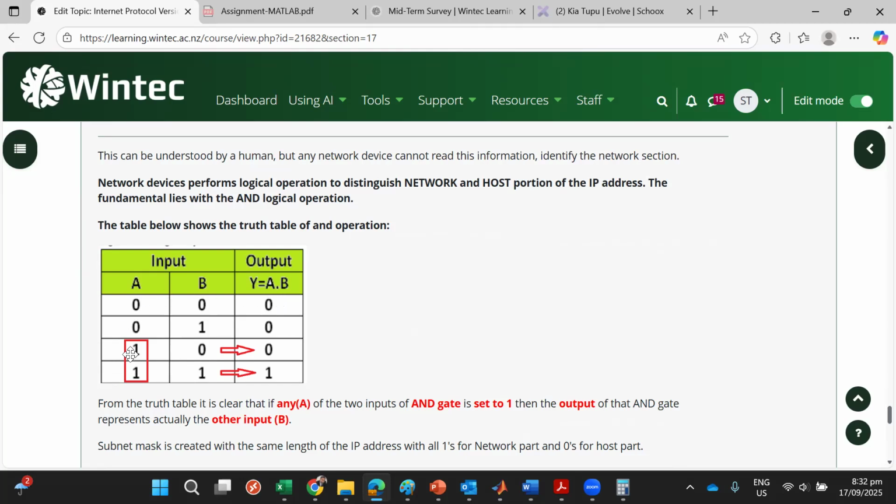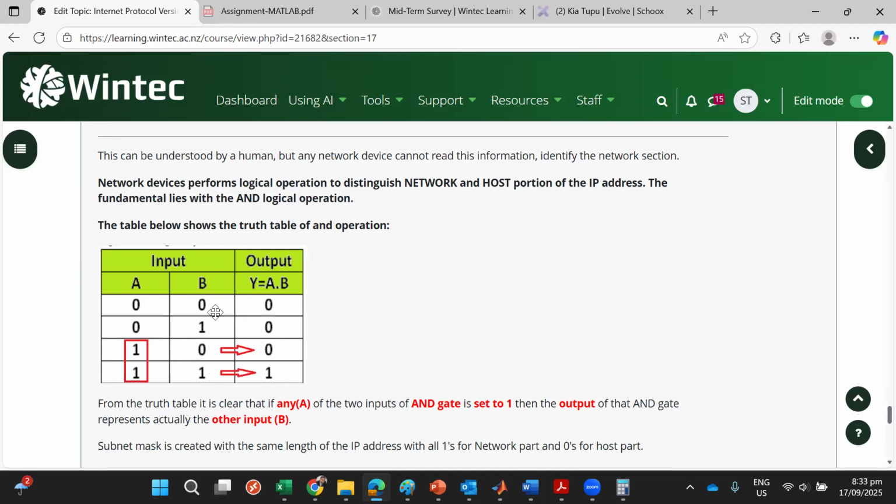Now we want to understand that if I set input A to 1, then we can find an interesting relation: the output all the time varies depending on B. If the B input is set to 0, then the output becomes 0.